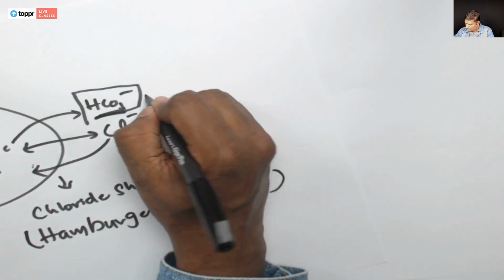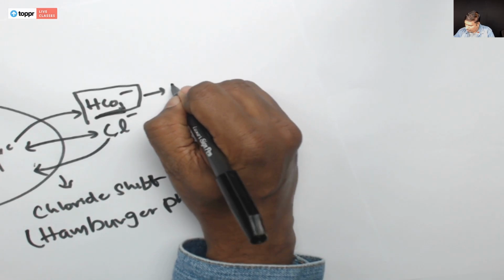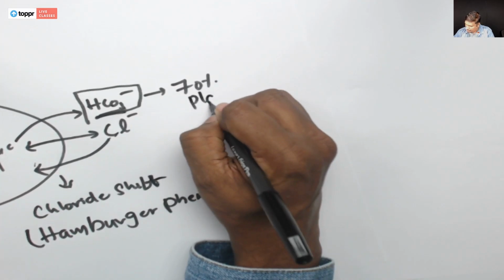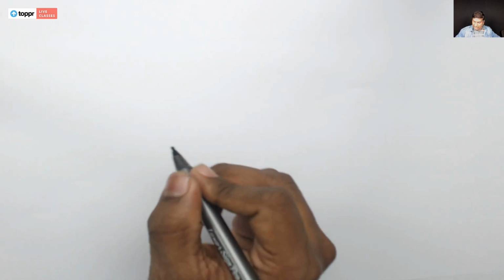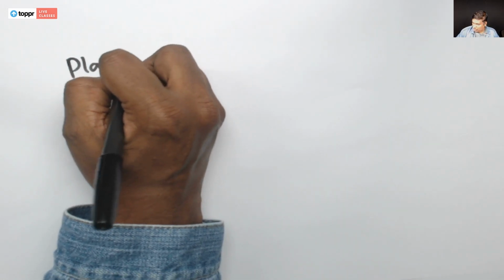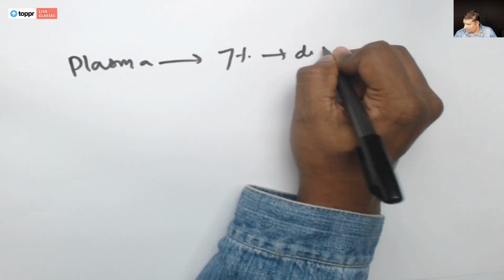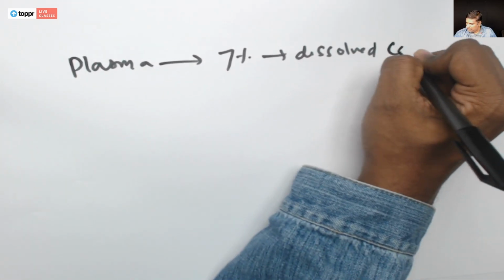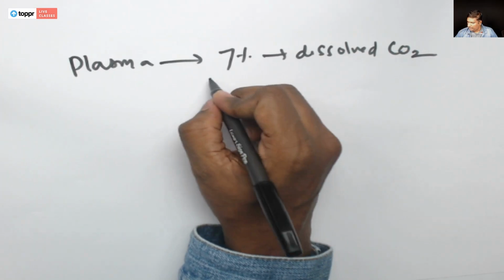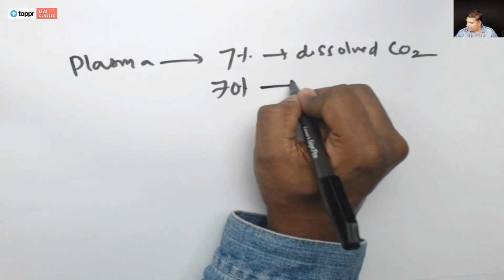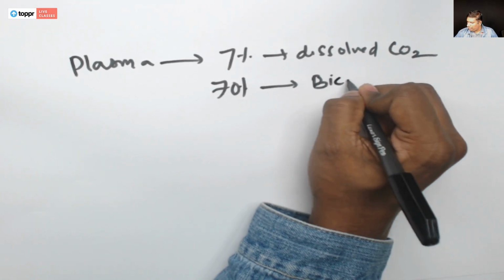This 70% is in the plasma. So in the plasma, as of now we have 7% dissolved carbon dioxide, and 70% in the form of bicarbonate ions.